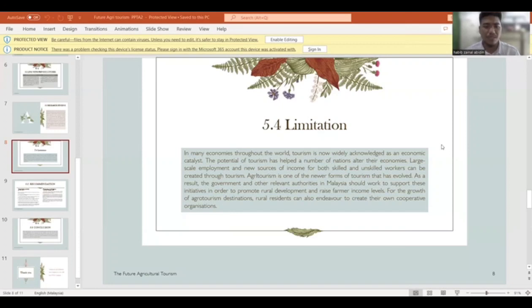The people, especially those who live in rural areas like farmers and fishermen, would gain greatly from the promotion of agrotourism in Peninsular Malaysia, Sabah, and Sarawak.